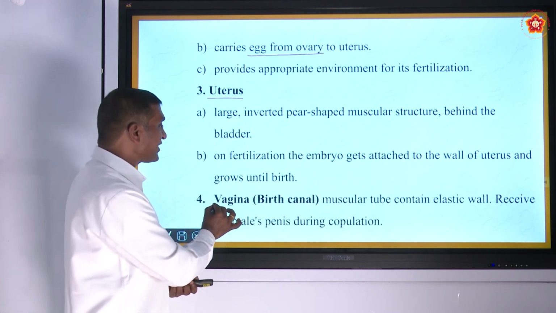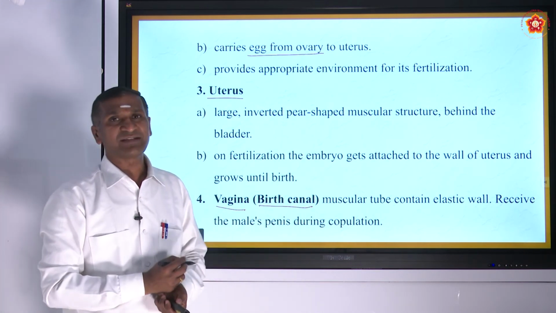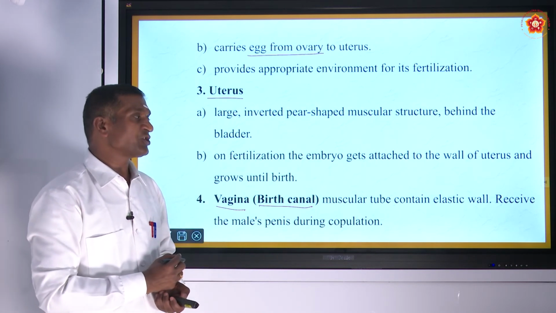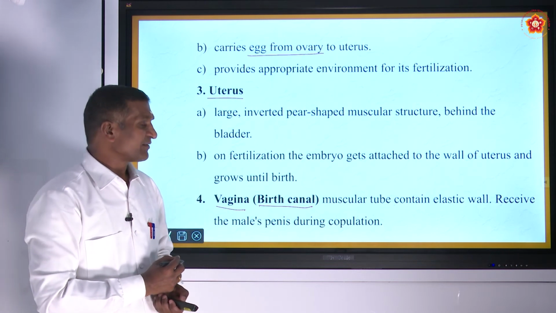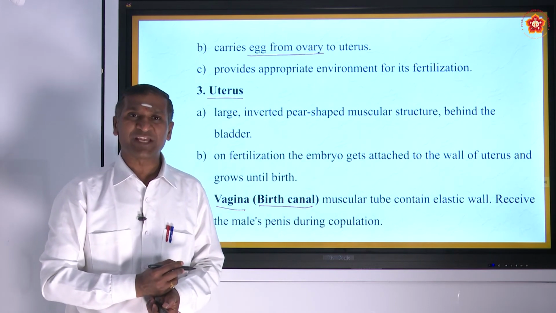The next is the vagina, which is the birth canal, which we observed in the previous slide diagram. A muscular tube containing an elastic wall, it receives the male's penis during copulation.